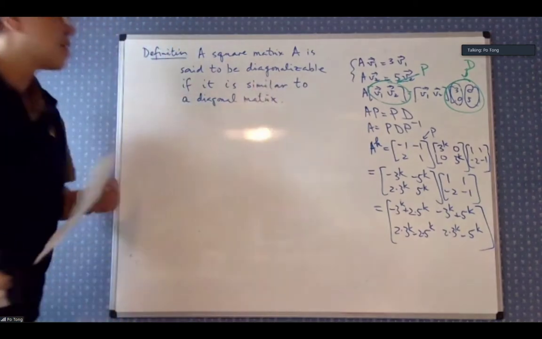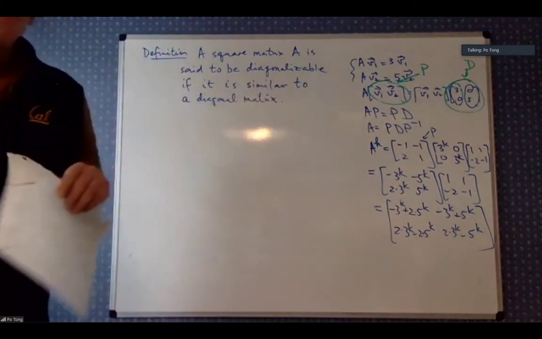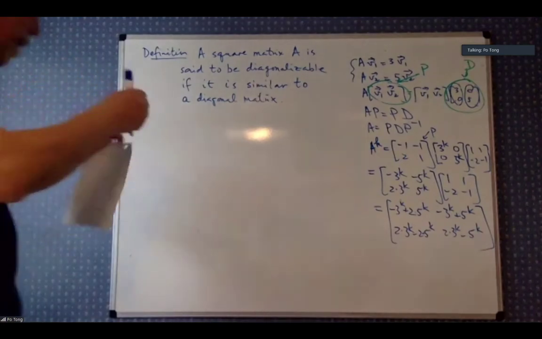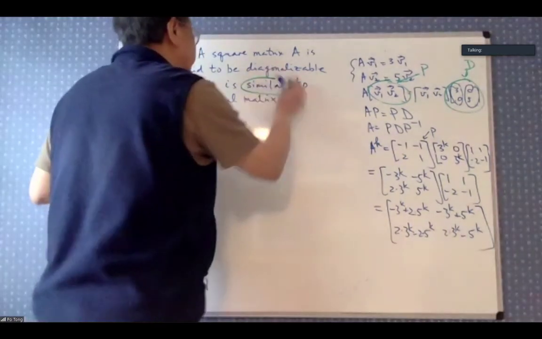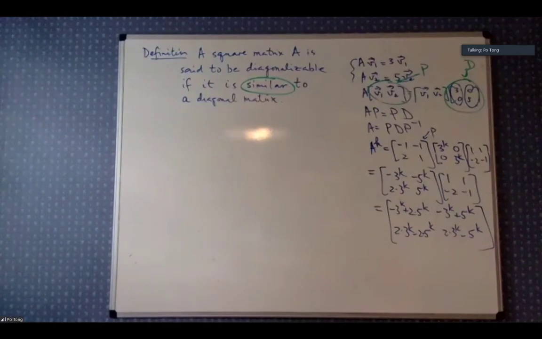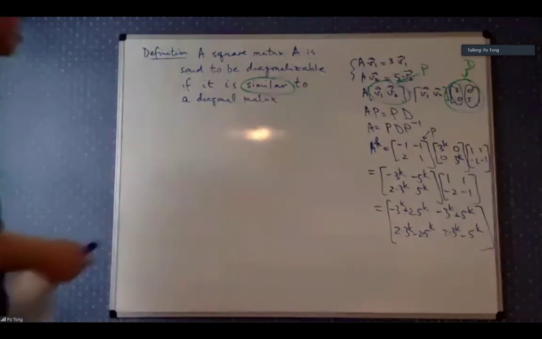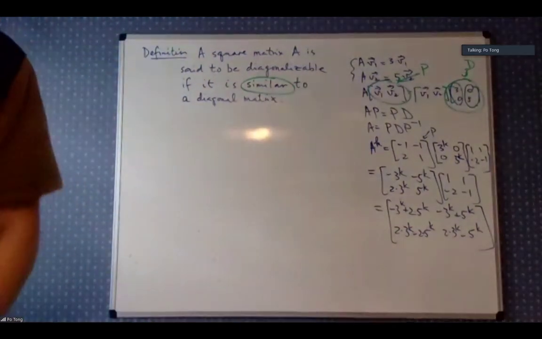Okay, that's the definition of diagonalizable. But I haven't told you what similar means, so I have to give you the definition of similar matrix.